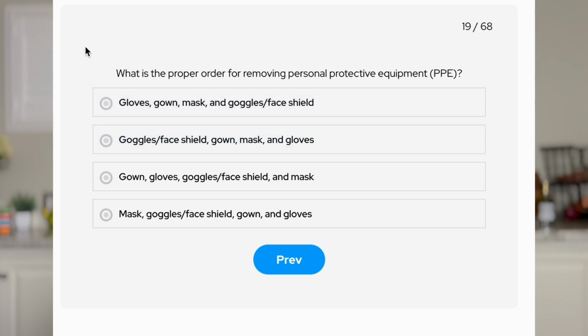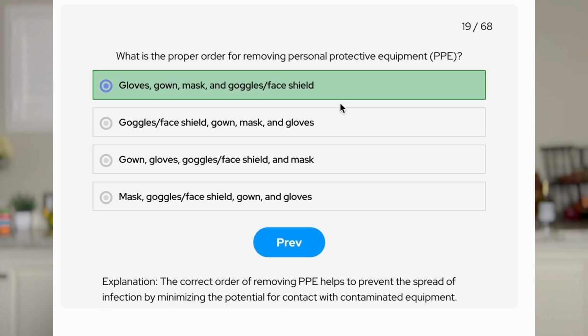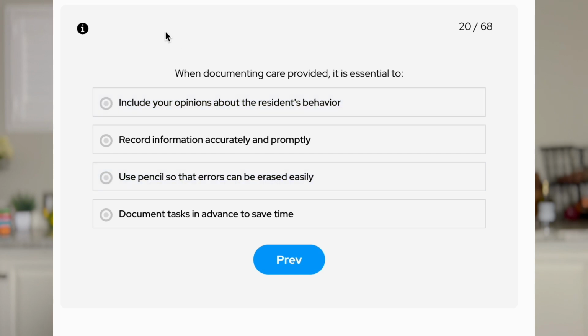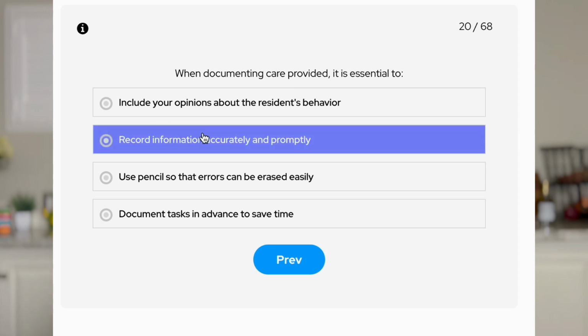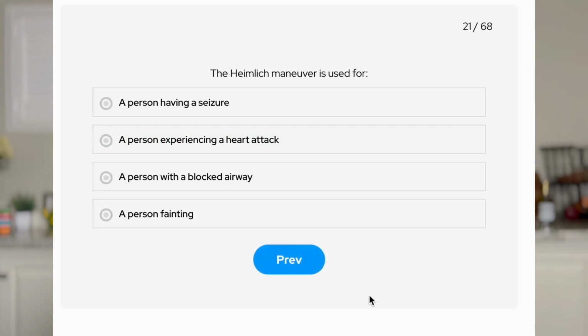What is the proper order for removing personal protective equipment, PPE: gloves, gown, mask, and goggles or face shield? When documenting care provided, it is essential to record information accurately and promptly. The Heimlich maneuver is used for a person with a blocked airway.